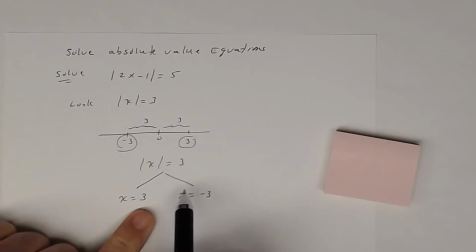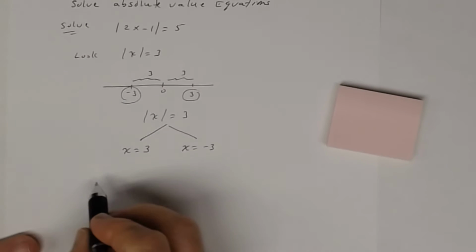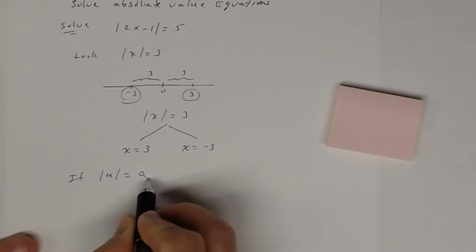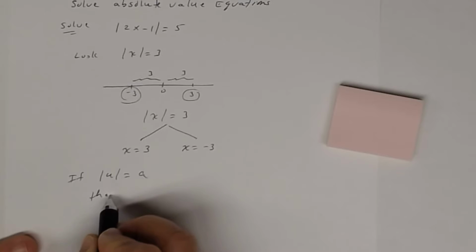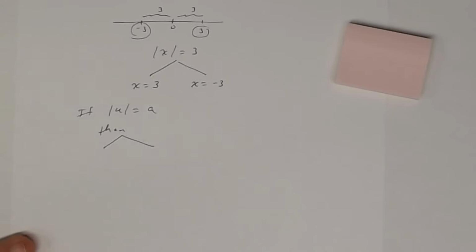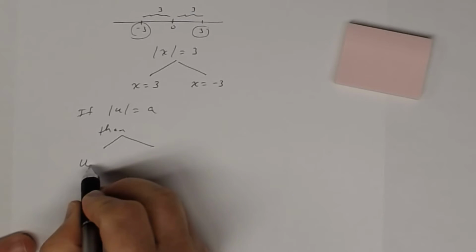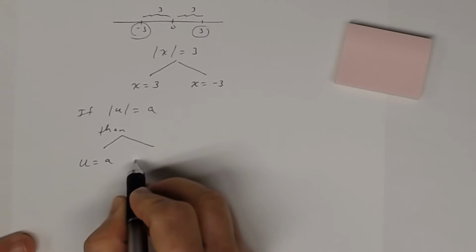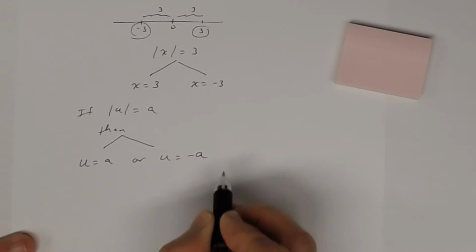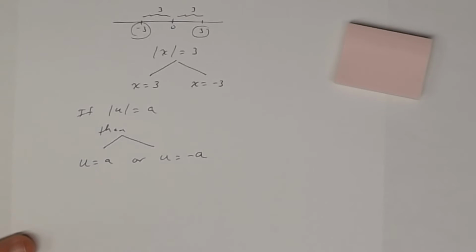So you're always going to have its opposite in the other equation. All right, so that takes us to this idea. If the absolute value of u is equal to a, then I can rewrite this into two different equations. u is equal to a, and u is equal to the opposite of a.